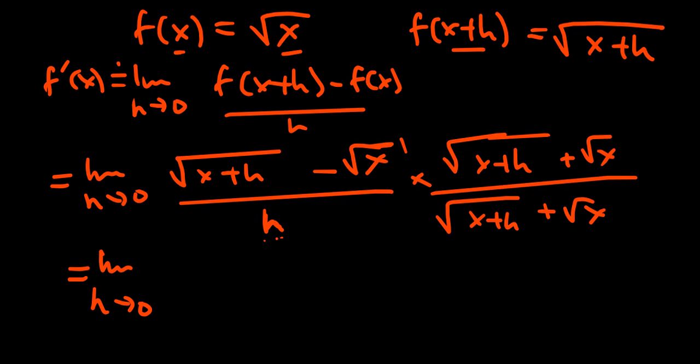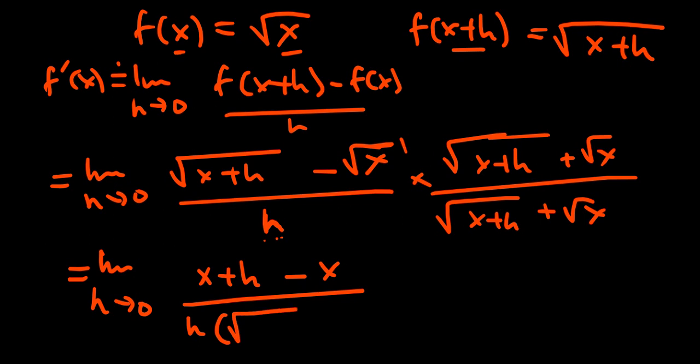Then I'll just have x plus h minus x over, then what will I have there? I'll have h times root of x plus h plus root of x, like that.